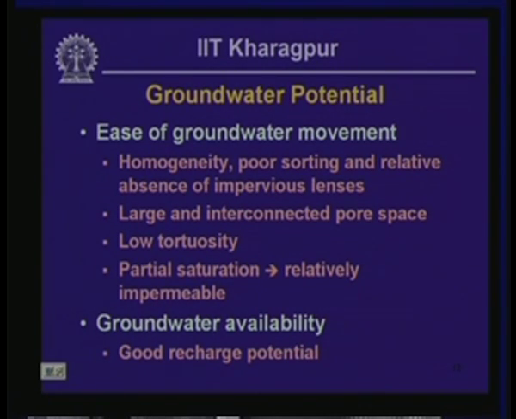So that tells us that if we have got, for instance, a poorly sorted deposit of gravel, for instance a glacial outwash deposit formed by glacial outwash process, that type of aquifer, that type of soil formation, if it is saturated with water, is going to act as a good source of groundwater.